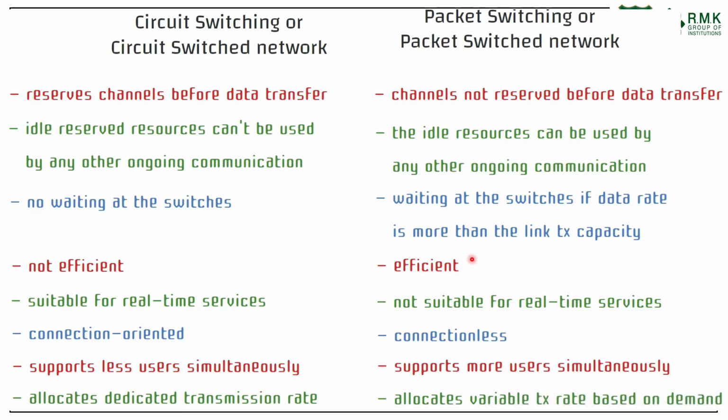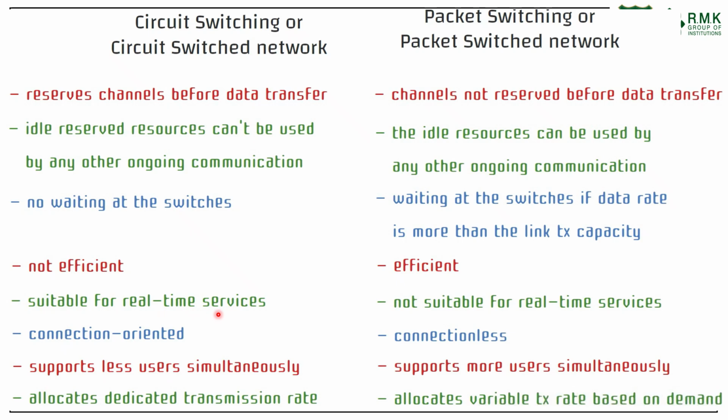But in the packet switched network, at the time of transmission only it finds out the path. So according to the availability of the routers only, the information is passed from one router to another. So here the waiting time is there, and the circuit switched network is not efficient compared to the packet switched network.